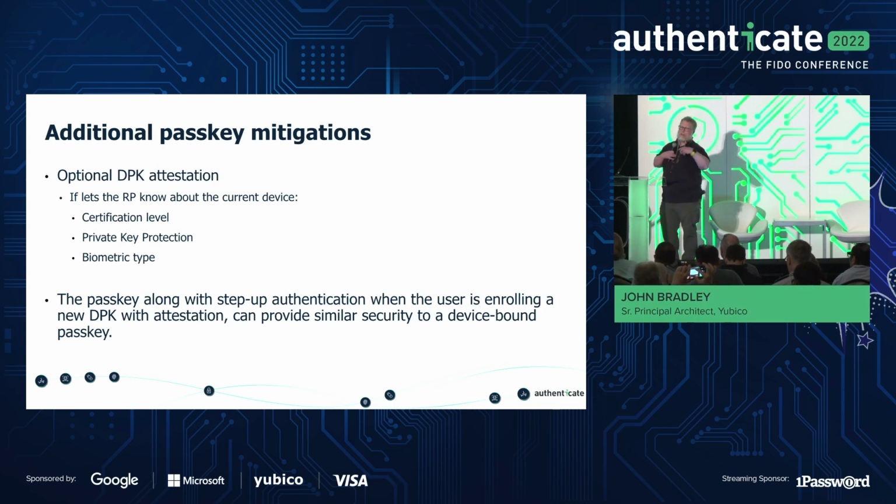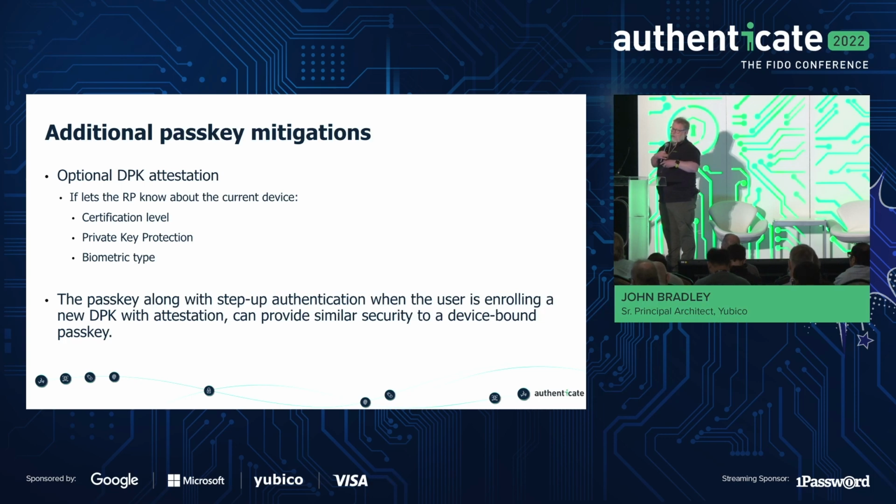It's an iPhone, it's using a specific chip, using Face ID or fingerprint, et cetera. So when you get a new DPK, you have the option of looking at that, making some decision about how secure the device is, and either doing some sort of step up or allowing the person through without further annoying them.